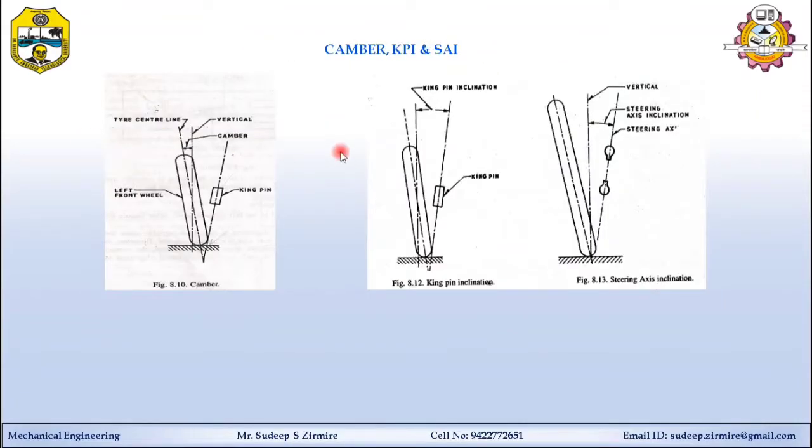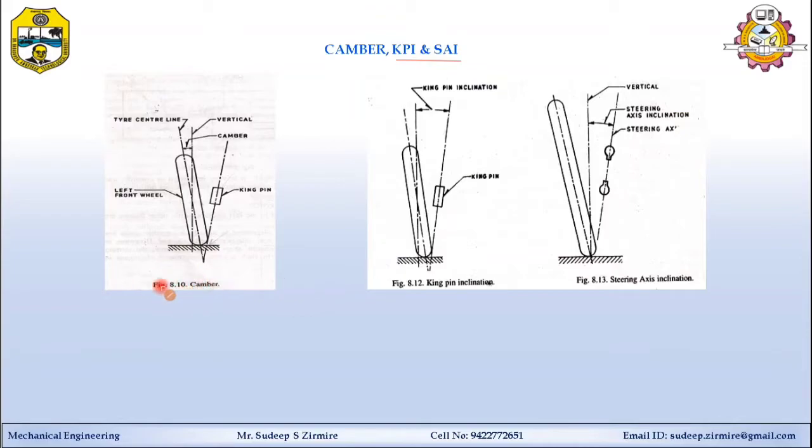In this topic, we are going to learn the camber, KPI and SAI. KPI stands for kingpin inclination and SAI for steering axis inclination. Both terms are the same, but because of their geometry or arrangement, it is called either KPI or SAI. So first we will see the camber.